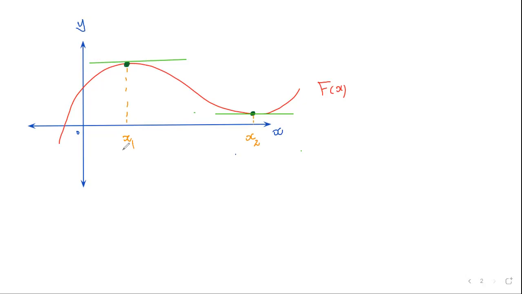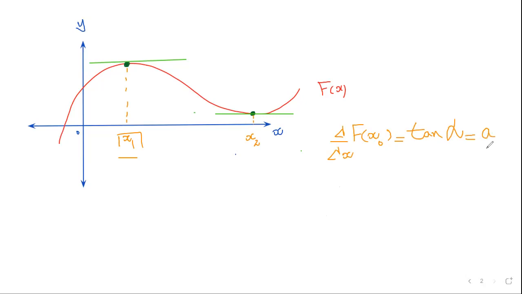Look at this. At point x1, you see that the tangent line is parallel to the x-axis. If that's parallel to the x-axis, then because you remember from a couple of sessions before, we said that d over dx of the function evaluated at point x0, for example, x1 here, is essentially tan of alpha, where alpha is the angle of the tangent line, which essentially gives you what?